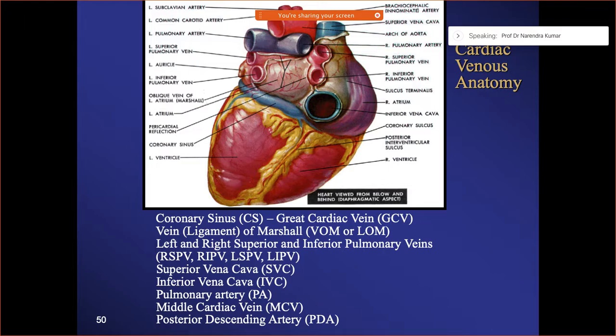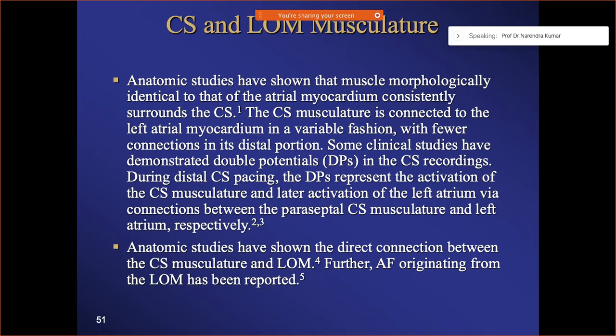So that's why its course is very, very important. Whenever the patient has an epicardial pathway located in the posteroseptal region, the pathway can be ablated using this vein. The problem is it's close to the PDA, the posterior descending artery, so one has to be really careful for this.